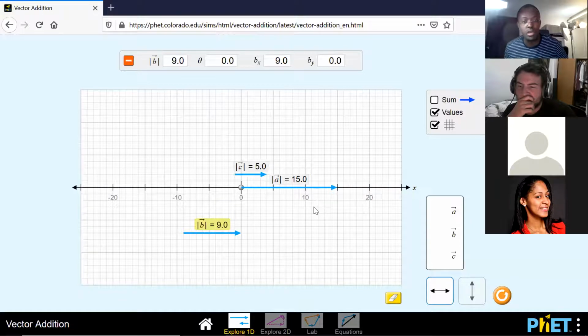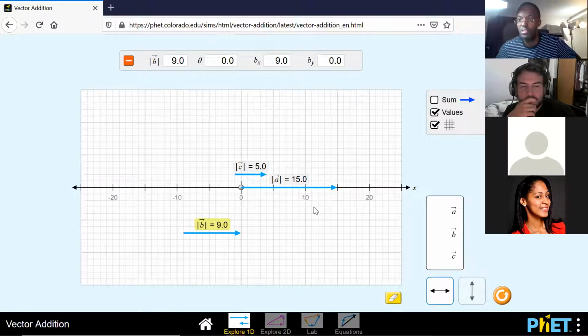So what should the sum be? Before we check, we use the computer to tell us what the sum is. If you were to add up all these three vectors, what would you find? Somebody? You add the x components of them, so you just add the x values. Yes, that's true.